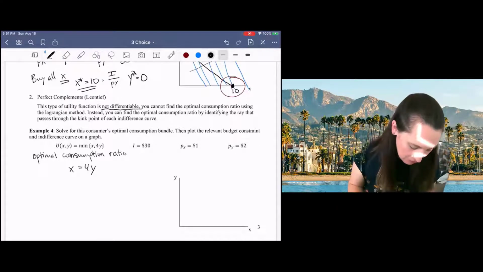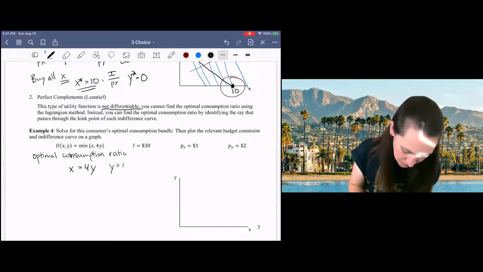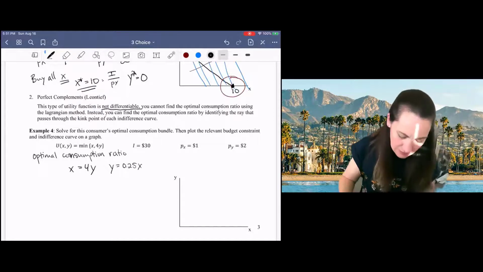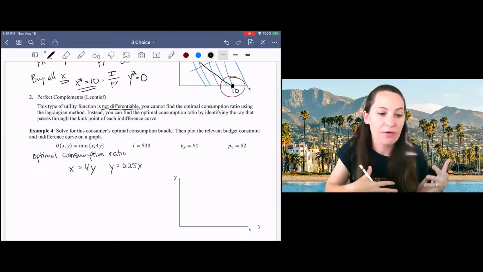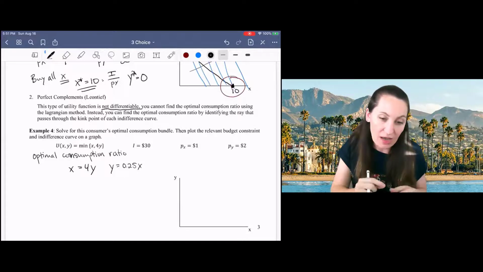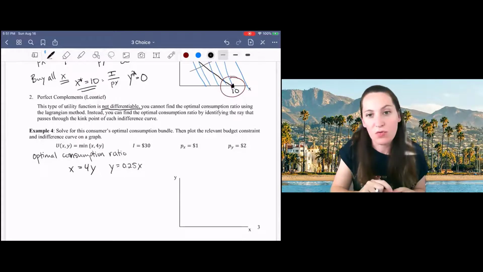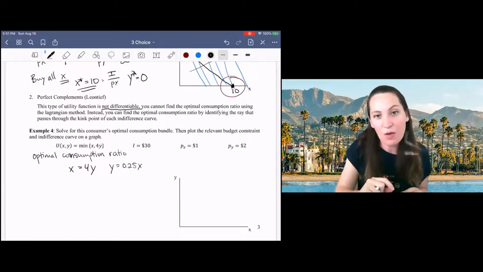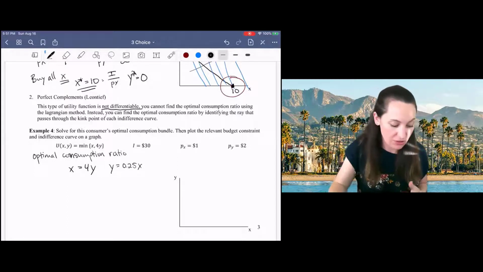And so, we got this equation, x equals 4y or y equals 0.25x. That describes the optimal ratio of the goods we will consume. It's also the ray that passes through the kink point in our indifference curves, our L-shaped indifference curves.